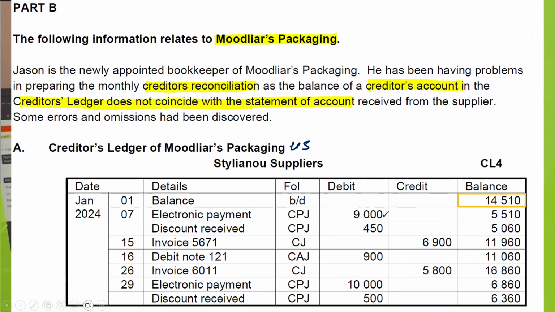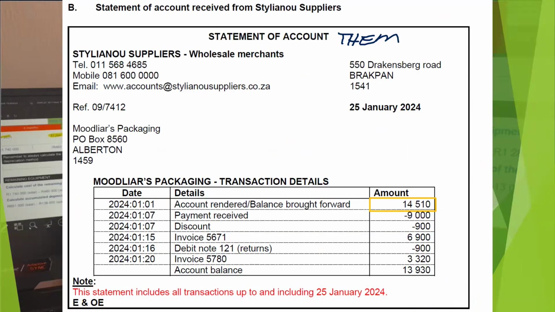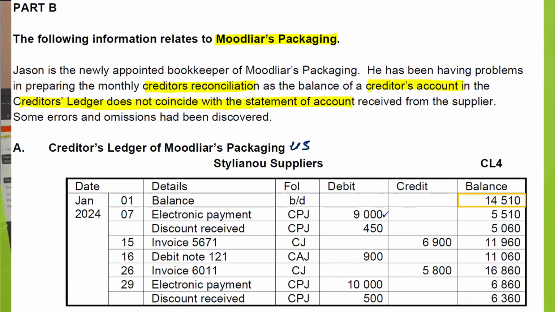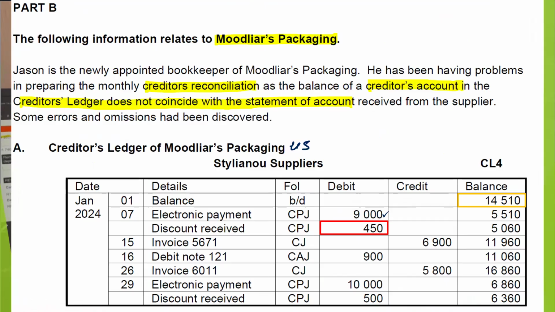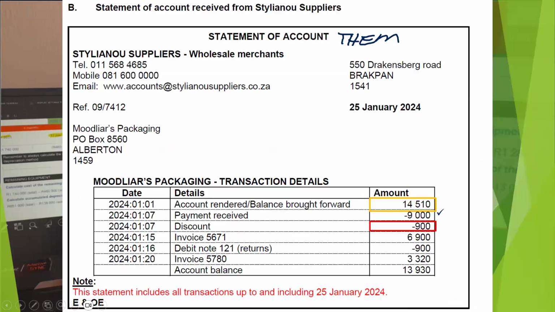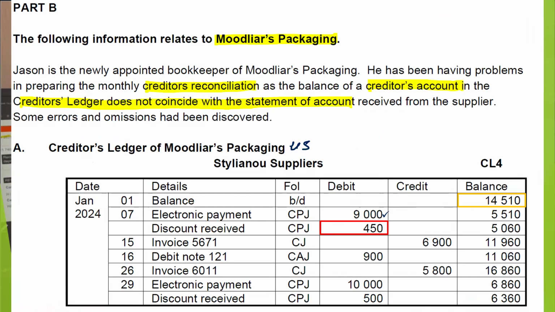9,000, is it there this side? It's a payment and it looks like it's there, so I will tick it. The 450, it's not there because I saw 900 this side. And 6,900. Did I see it this side? Yes, it's there. It's an invoice, so you will tick it.